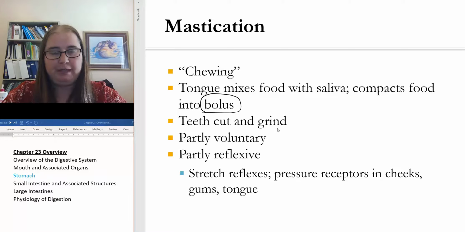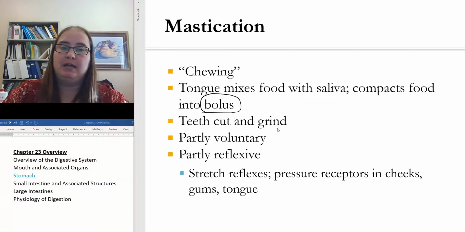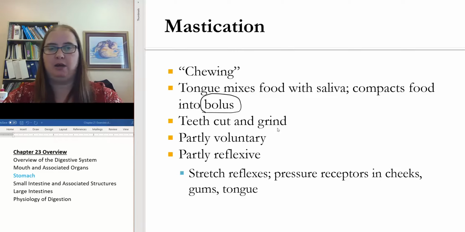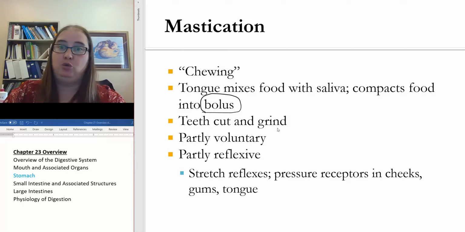Mastication is partly voluntary, partly reflexive, in that as our cheeks feel the pressure from the food pushing on them, and the tongue and the gums, you're going to have this reflexive response to chewing.